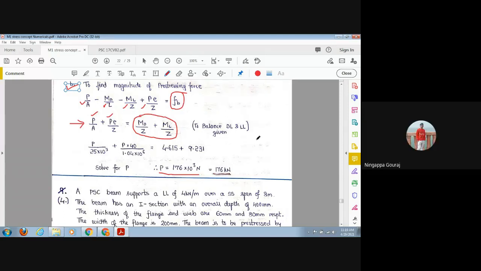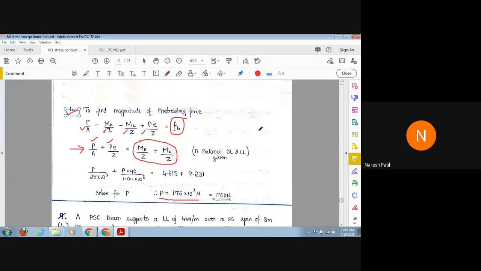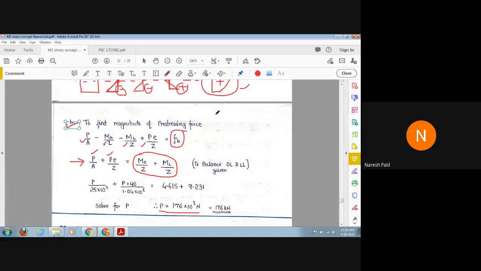Sir, if the tendon is on the upper side, the signs will be changed, sir. See what will happen if the tendon is on the upper side. So this will be the centroid.